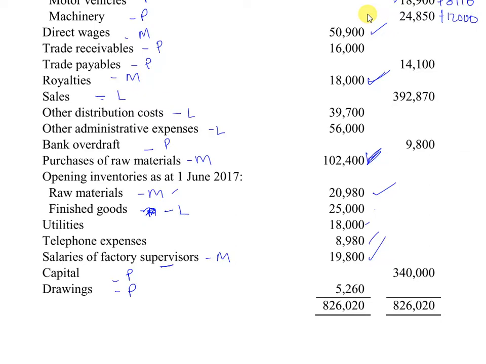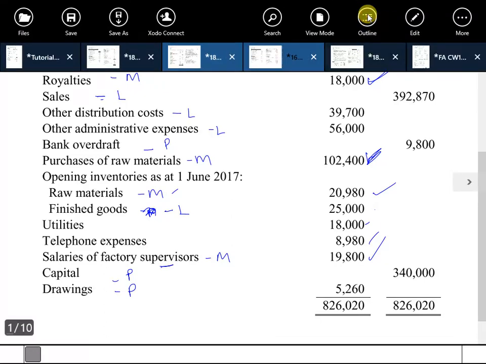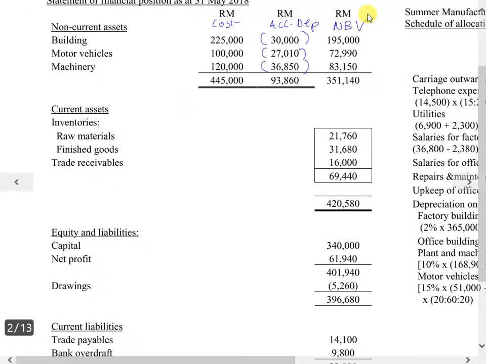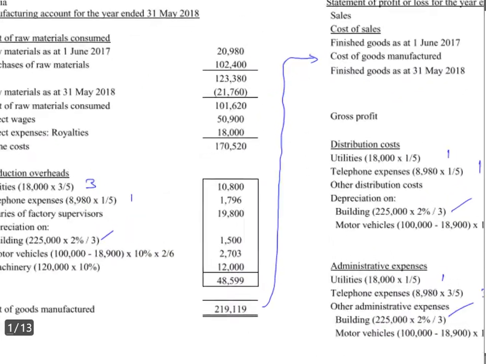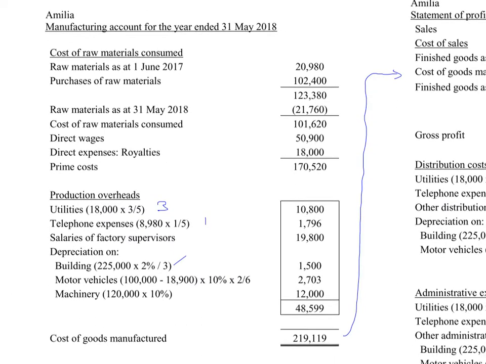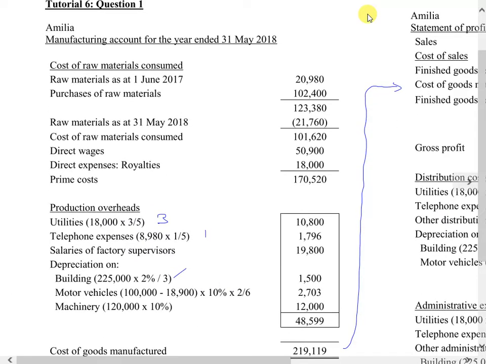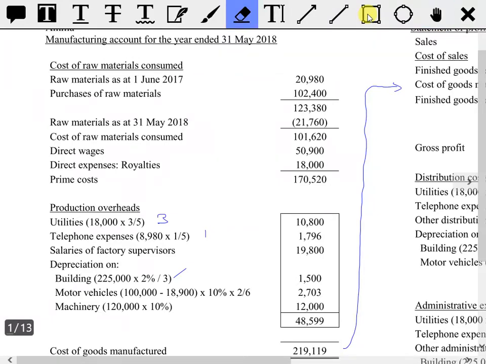Once you total up, what do you do? You add opening WIP less closing WIP. This question has no WIP, so straight close. I give you the answer.